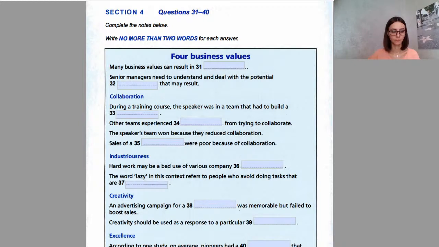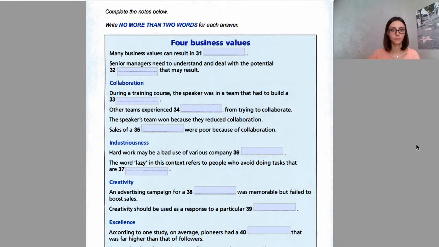Section 4. You will hear part of a lecture for business students about business values. First, you have some time to look at questions 31 to 40.